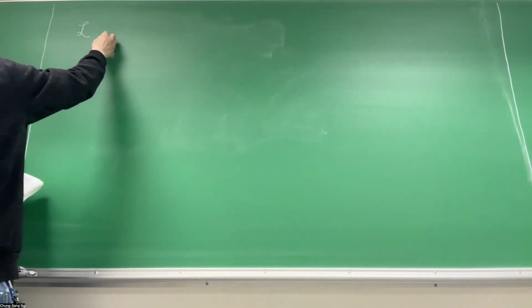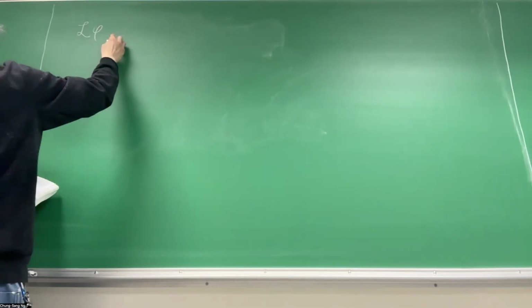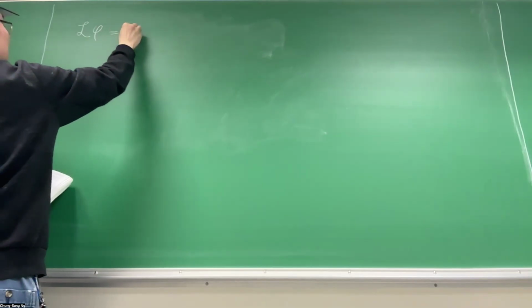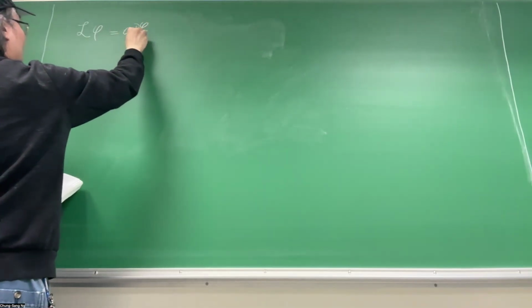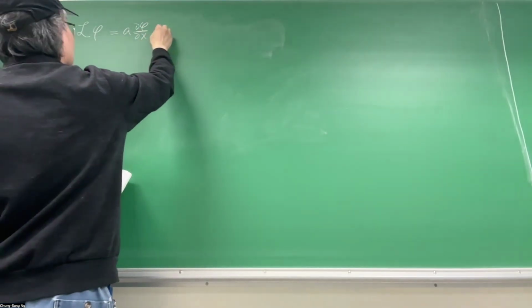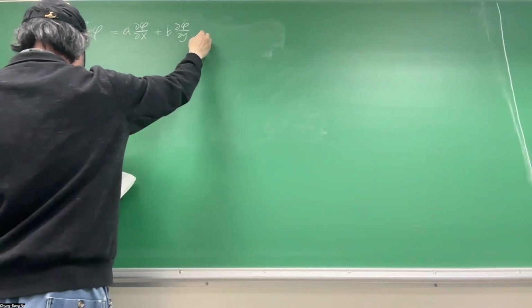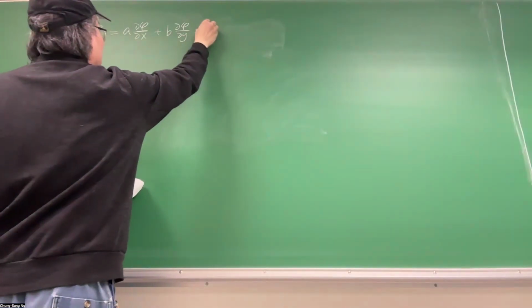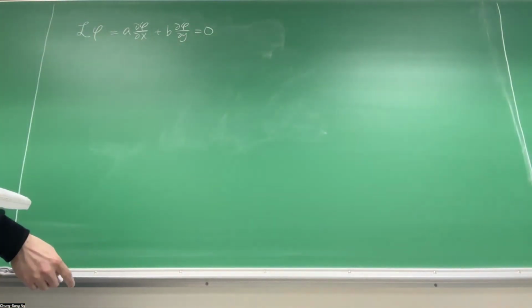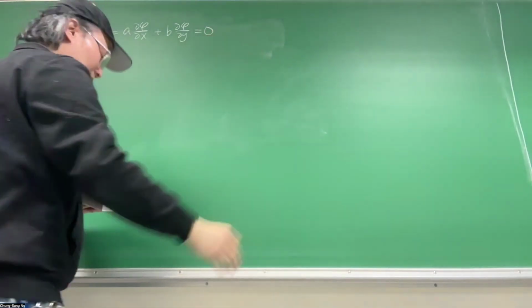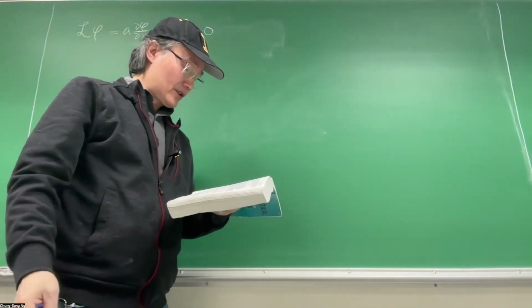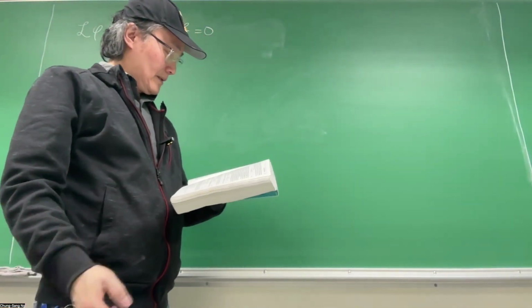The operator L on phi: a partial phi partial x plus b partial phi partial y equals 0. So this is just a homogeneous one. Sometimes you add an inhomogeneous term that can still use this method.